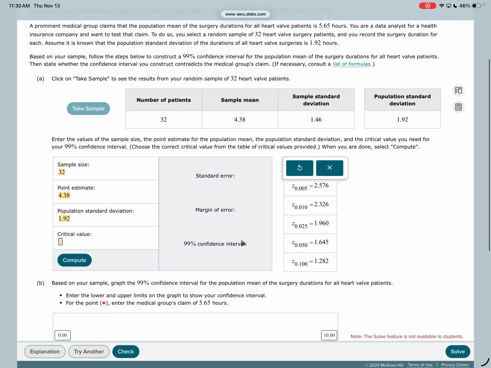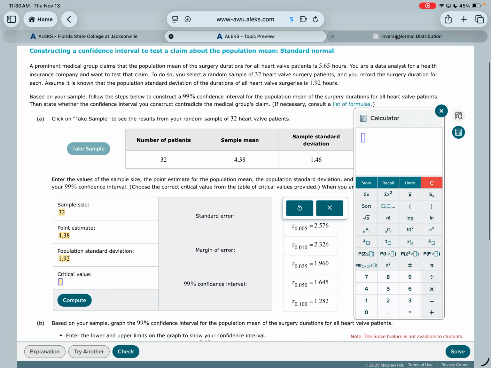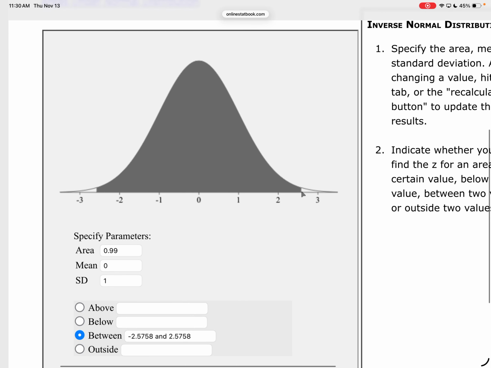99% confidence interval. Okay, here's our first trick on this. It doesn't have the 99% next to this right now, right? I know that the answer is right here. I'm trying to figure out what this number is right here. If I have 99% on the inside, how much do I have on the outside? 1%, right?